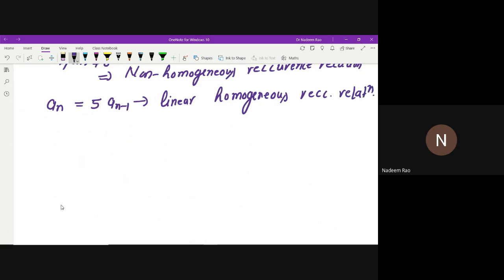Why? Because it can be written as a_n minus 5 times a_{n-1} equals 0.